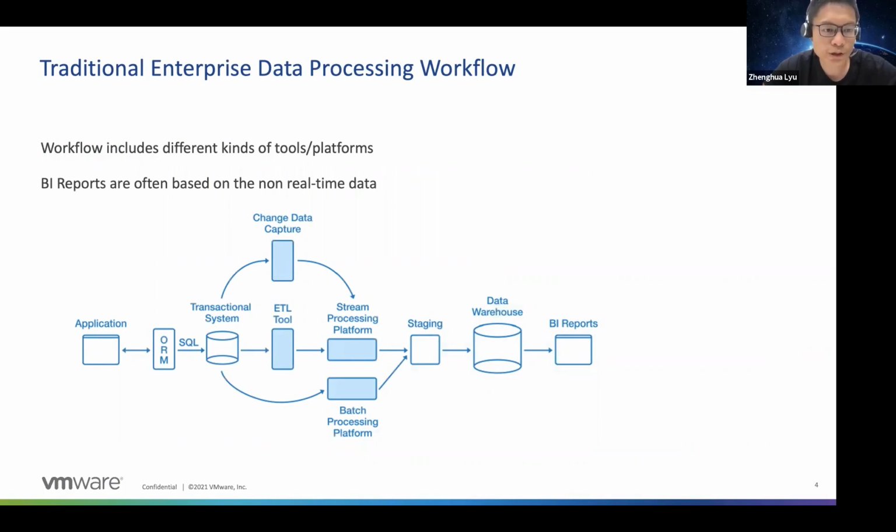Applications generate SQL using some ORM and send it to the traditional transactional system. Then the transactional system uses either streaming processing tools or batch processing tools to save the data into a data warehouse. Then a BI report system connects to the data warehouse to generate the BI reports. So the reports are often based on non-real-time data.